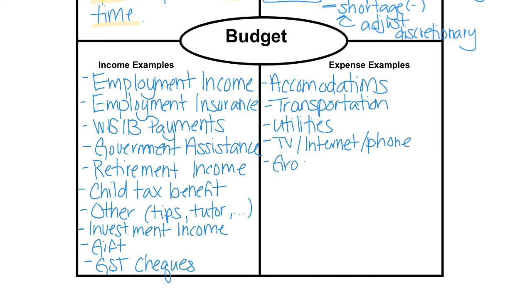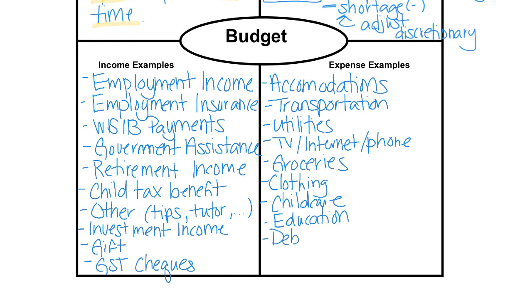We would have an expense for groceries, clothing, childcare, education. So especially for anybody going off to post-secondary, not only do you have tuition, you might have books, you might have different programs that you have to get for your computer, that kind of thing.